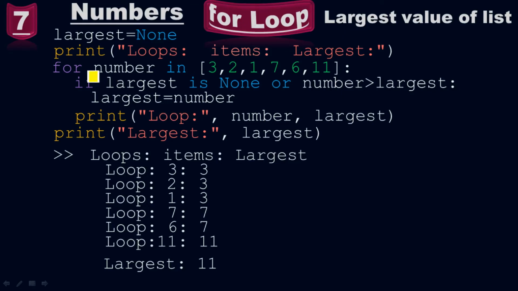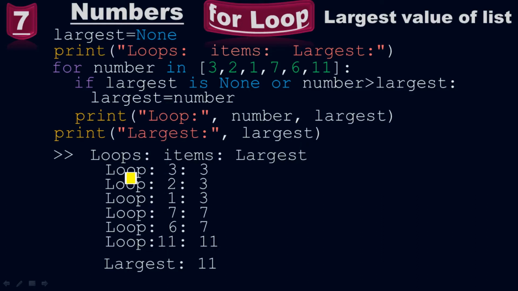Look, the for loop will iterate each and every single number step by step. If the respective number is greater than the largest one, then this will be the largest number. It is a simple logic. Then take the print of loops, comma, number, comma, largest, again take the print of largest, comma, largest.